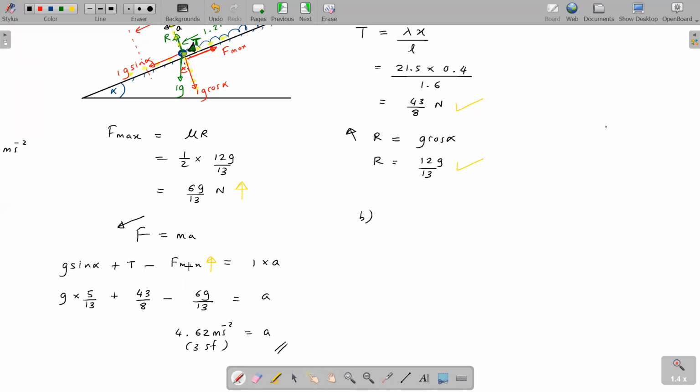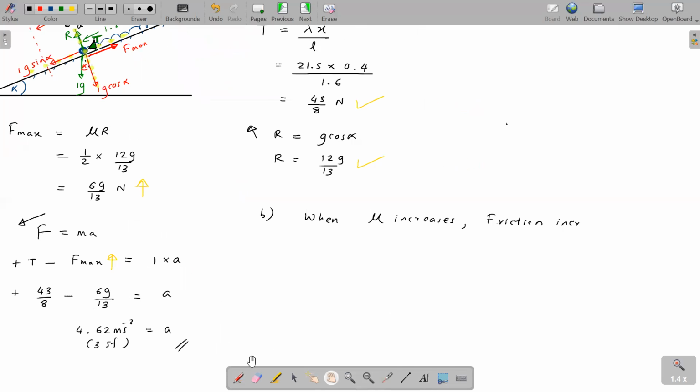So you can say when mu increases, what happens? Friction will increase, right? When mu increases, friction increases.